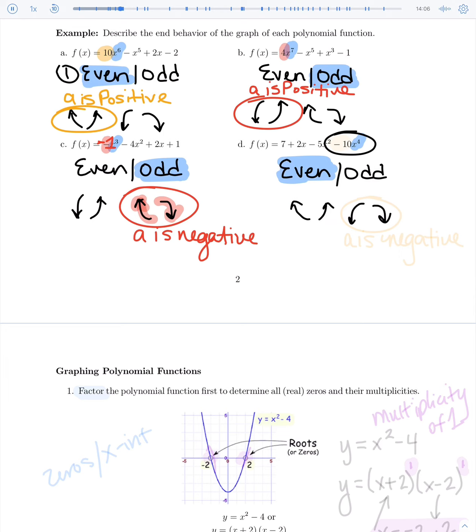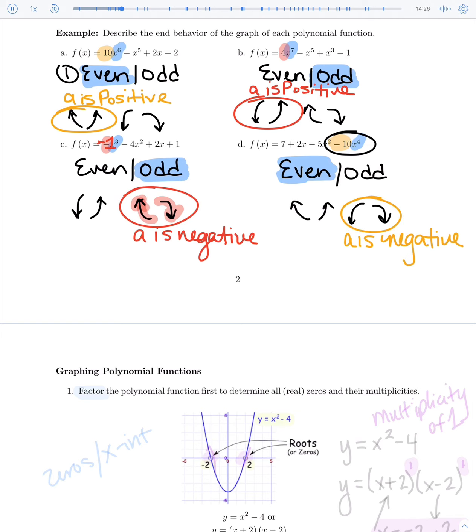In this case, we're going to be looking at the -10 out in front. The -10 means it's going to be flipped upside down from what's traditional, which means they should be pointing down. So because a is negative on our even function here, they're both going to be pointing down on both ends.